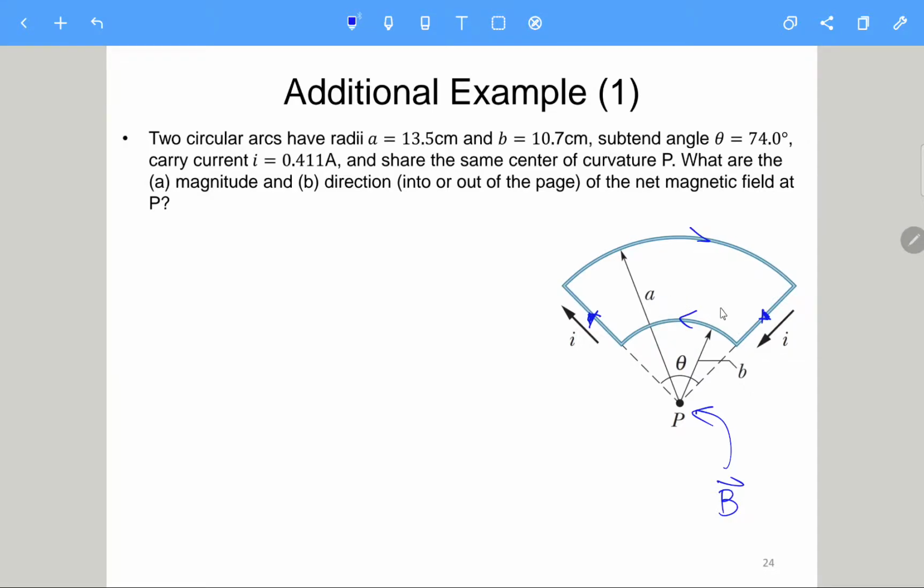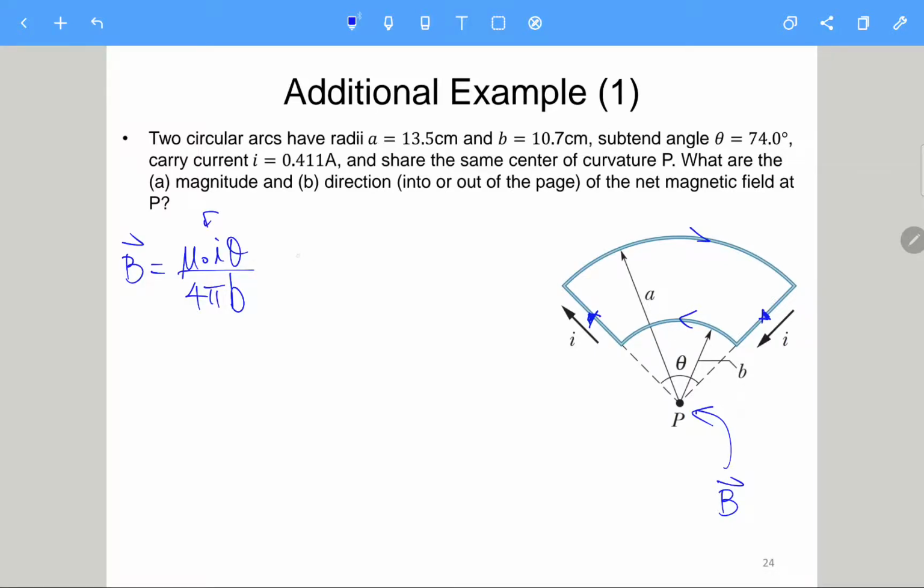So in this case, B will be, actually we will use the equation mu0 I theta over 4 pi b, if you still remember this equation. This is one part, and it is out of the page.